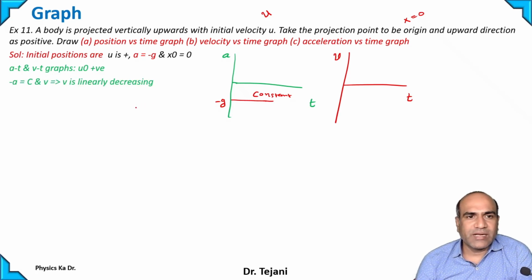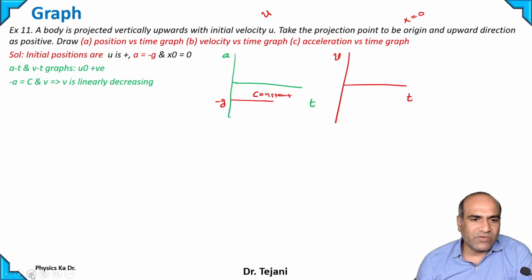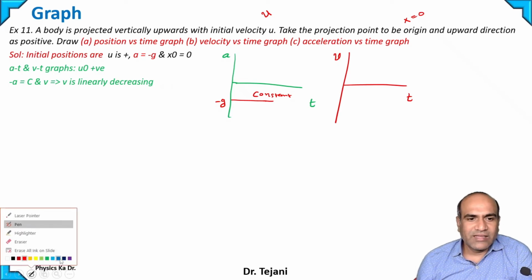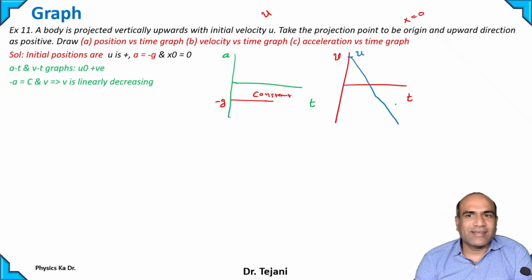A is minus g, v is linearly decreasing because v is positive and a is negative. Therefore, it is decreasing linearly. V is positive, starting with u, and it should decrease linearly like that.